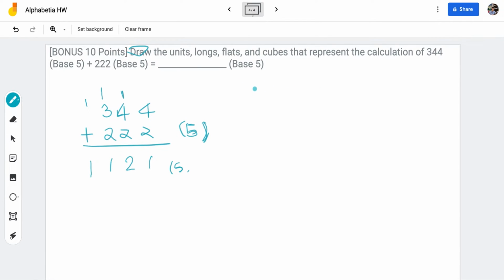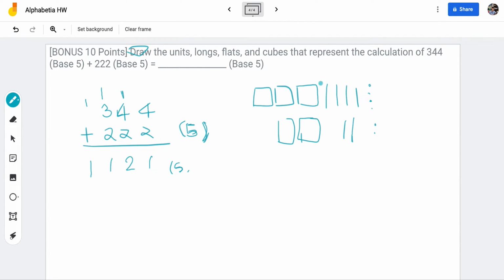344 is what? 3 flats, 4 longs, and 4 units, plus 2 flats, 2 longs, and 2 units.